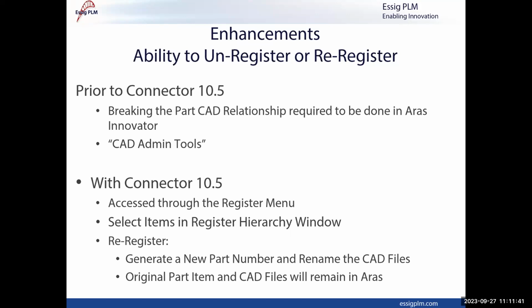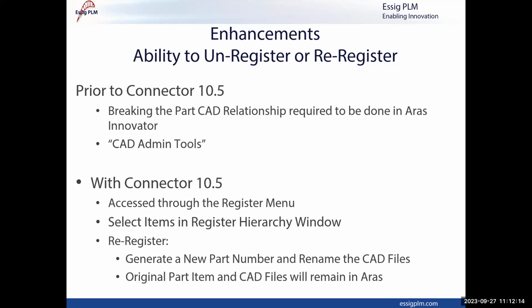Prior to 10.5, you probably worked closely with Bill Gilchrist on having the CAD admin tools, where you went in and exposed the CAD structure relationships, the part CAD relationships, and you sort of had to go through that just to clean it up. Now you don't have to do that. In 10.5 through the register menu, you will now see two options: re-register and unregister.